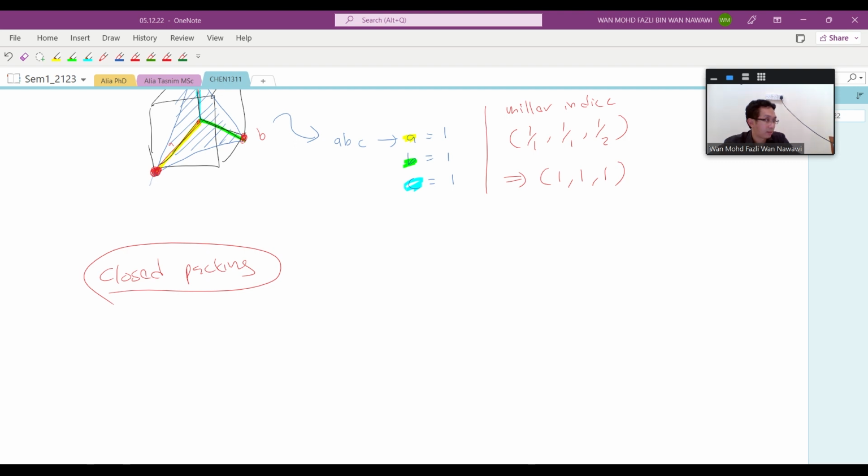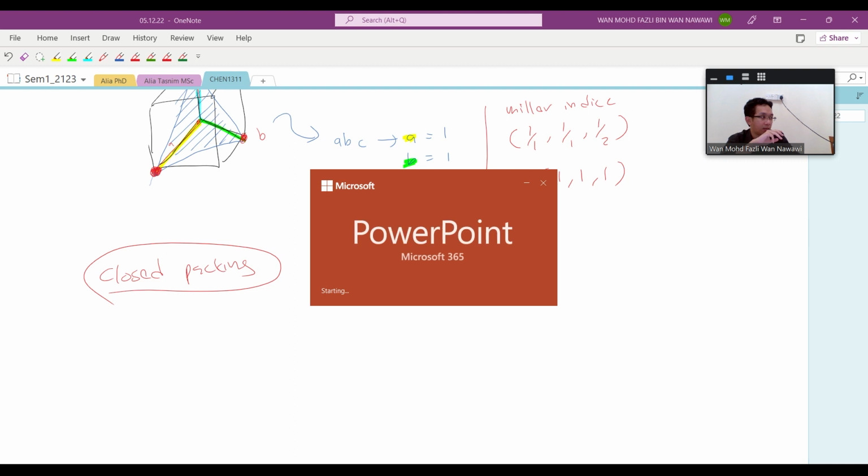Let me open just for a while. Give me another 3 minutes like that before we end, because I want to explain about this close packing a little bit. Close packing takes time to open.